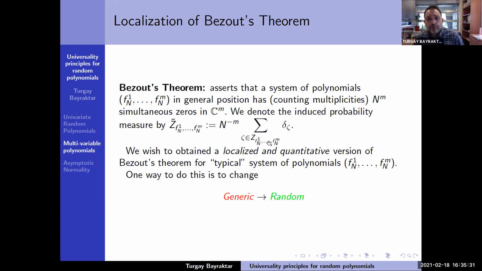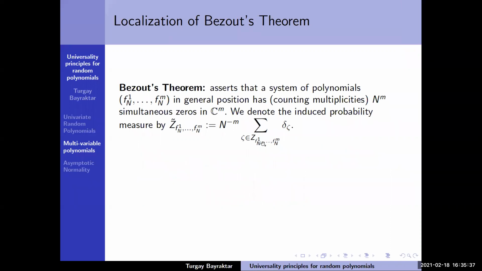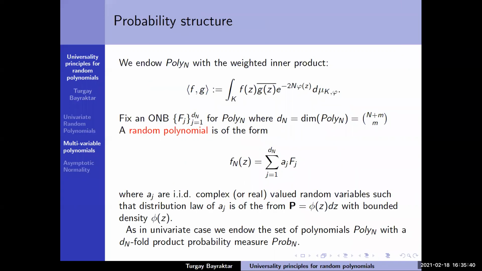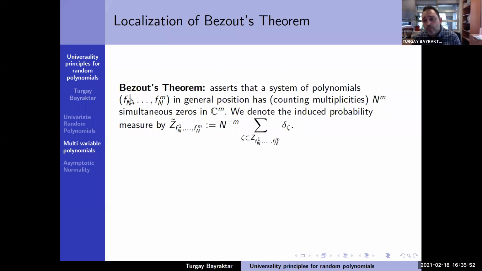So is each one a copy, or are you taking independent copies of this form? Exactly, yes, it's a good question. I have a probability measure on the space of polynomials of degree n. I choose a random polynomial, let's say f1, and independently f2, etc., fm.